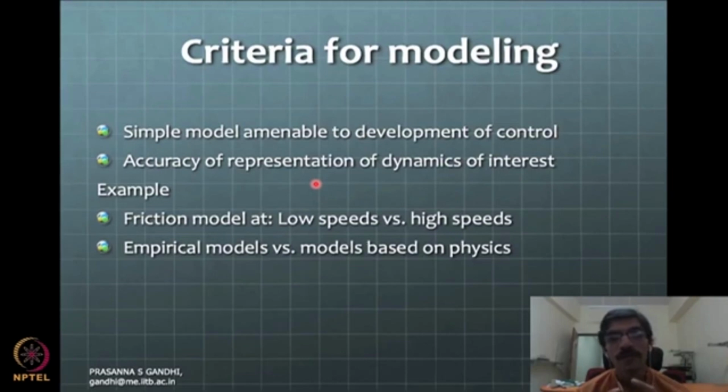But then that model will get simplified. Overall, the air is giving some resistance to the motion, and if I am able to capture that reasonably well, I don't need to worry. So one can use a simple linear damping model, or a non-linear damping model. Those are aspects of accuracy of representation of the dynamics of interest.